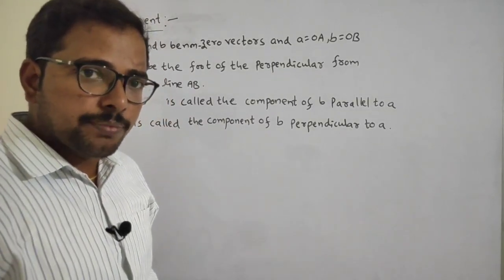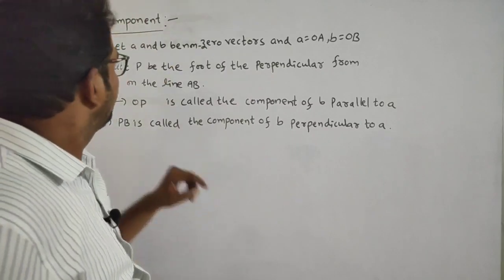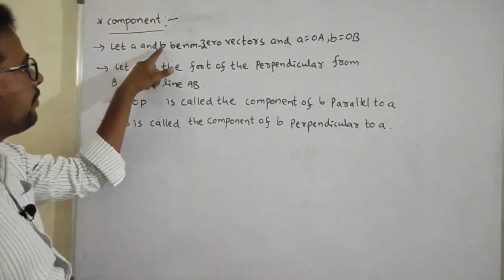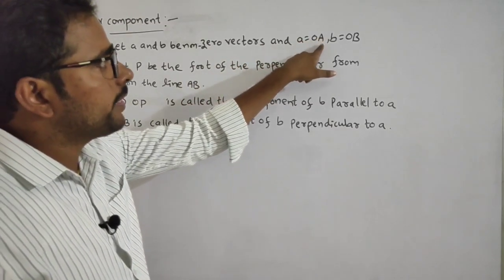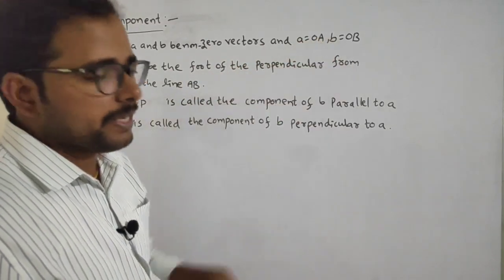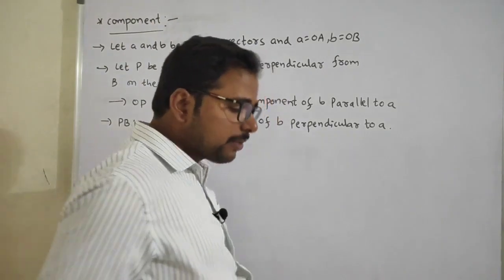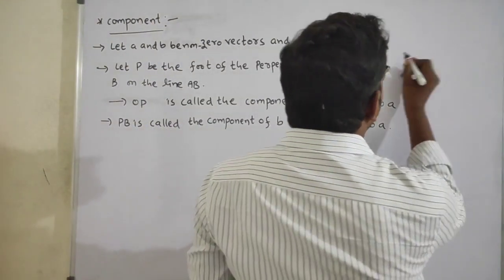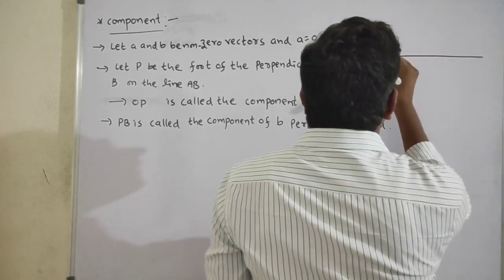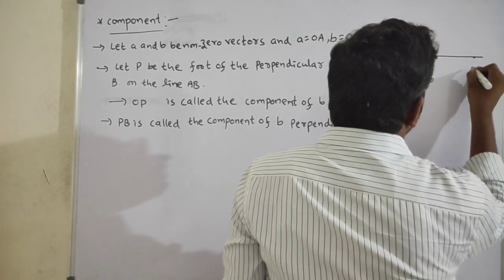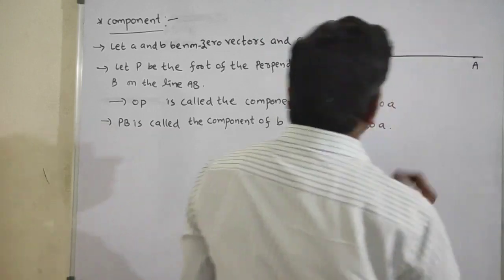Now one more concept, component. Let A and B be non-zero vectors, and A is equal to OA, B is equal to OB. So OA is equal to small a. This is the point O, this is the point A, this is vector OA in the direction.